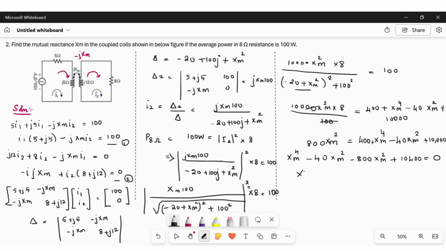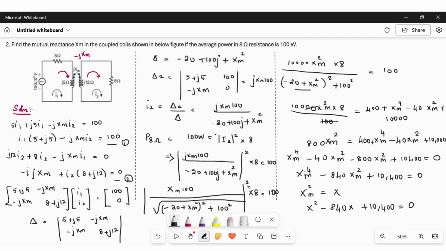Now we can add these two terms together: XM power 4 minus 840 XM square plus 10,400 is equal to 0. Now to simplify this into a quadratic equation, I am going to assume XM square is equal to x. So this would be x square minus 840x plus 10,400, which is equal to 0.